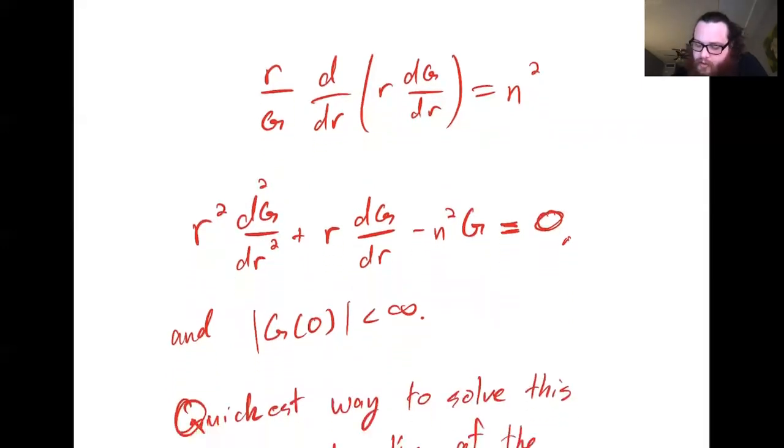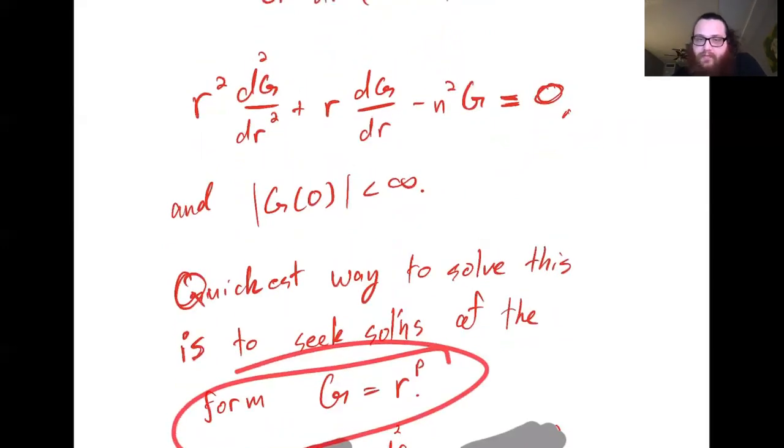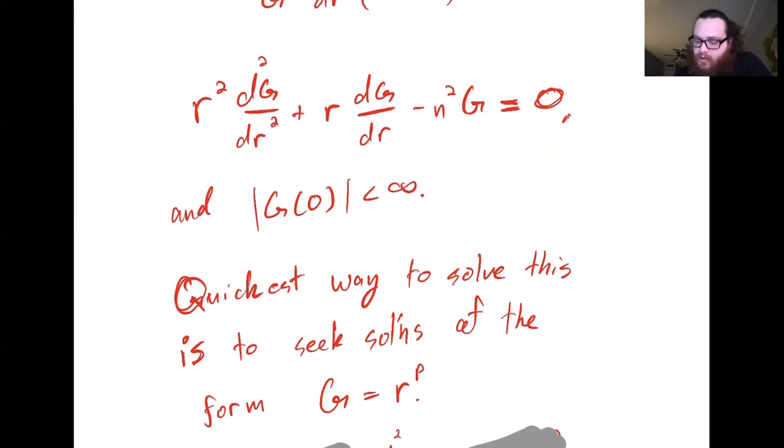So we're going to look for solutions of this form. Similar to the constant coefficient case, where we assume the solution function is of the form e to the rx, what is r? Here, we assume that the functions are of the form r to the p. What must p be?